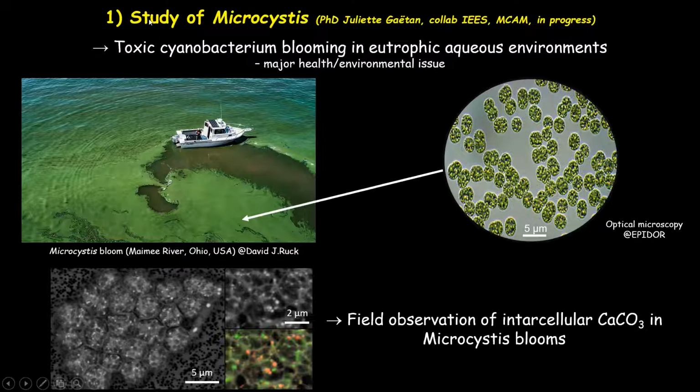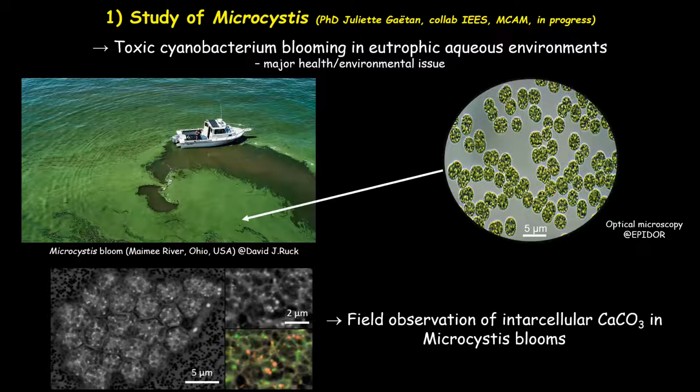And so, for example, we have now a study of that cyanobacterium more specifically. It's affiliated to the Microcystis genus. So as I was telling you, this is a toxic cyanobacterium. It's blooming in eutrophic environments.